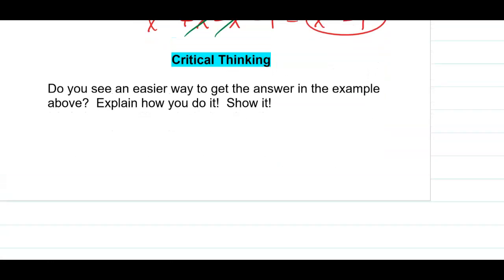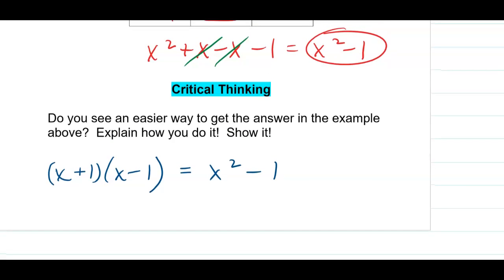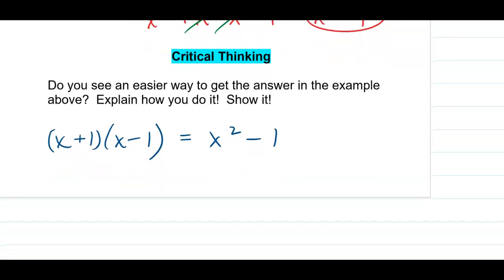Well, the previous problem was kind of interesting because we had this x plus 1 times an x minus 1. And we wound up getting this answer here, x squared minus 1. It turns out this is a special form here.